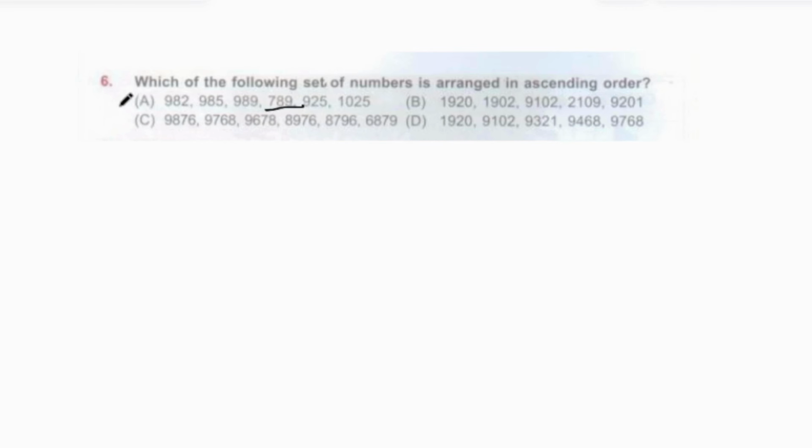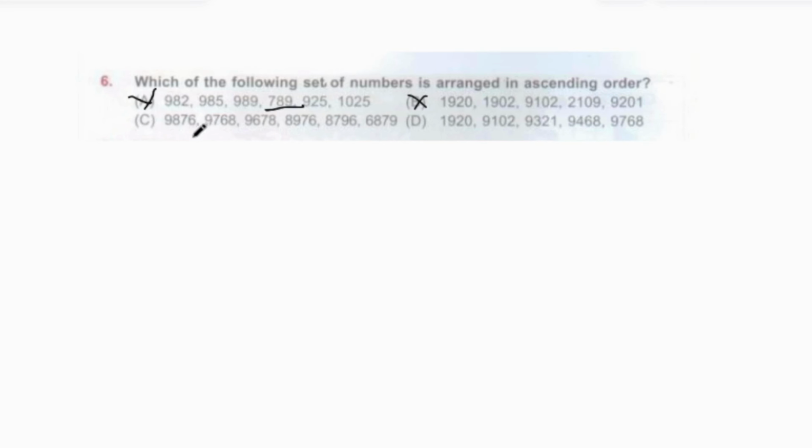So option A is not correct. Now let's go to option B. In option B, the first number is 1920, and the next number is 1902. 1902 is smaller than 1920, so this is not in ascending order. So we can rule out option A and option B.